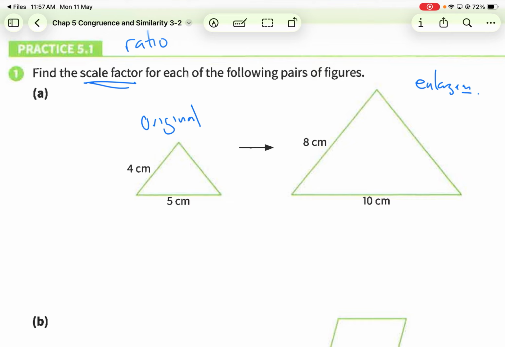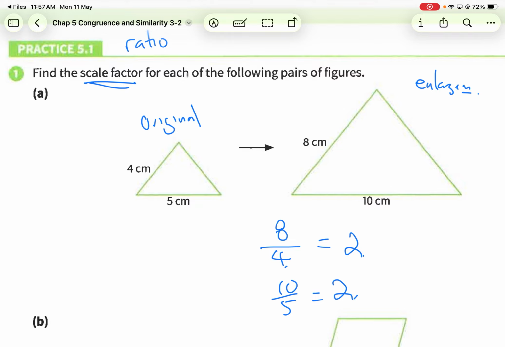So we take the final one divided by the original. You can choose any of the sides, any of the corresponding sides. So 8 divided by 4 is also 2. I can also take 10 divided by 5. Because just now, we went through it already, we know that all the corresponding sides will be multiplied by the same ratio.